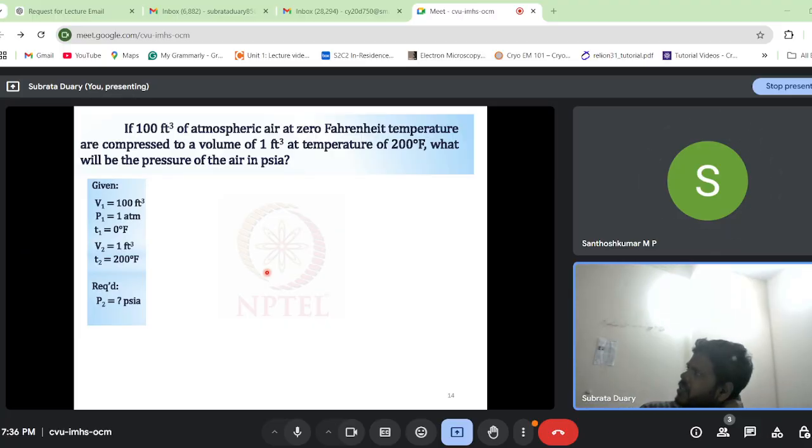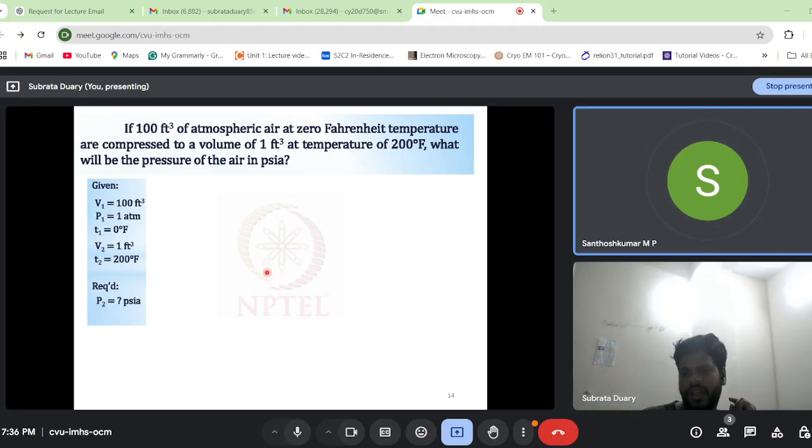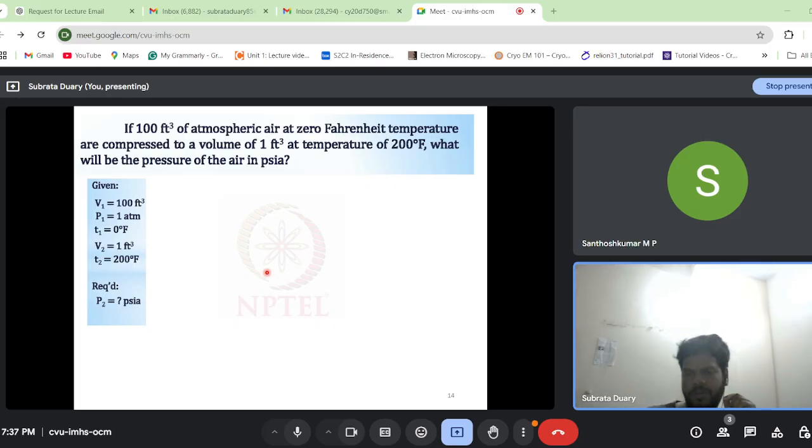So you have been given the volume V1, 100 feet cube, and we have the pressure 1 atm, and the temperature 0 degrees Fahrenheit, and V2 is 1 foot cube and T2 equal to 200 degrees Fahrenheit. Now we have to find out the value of this pressure. So any idea how we can calculate this?